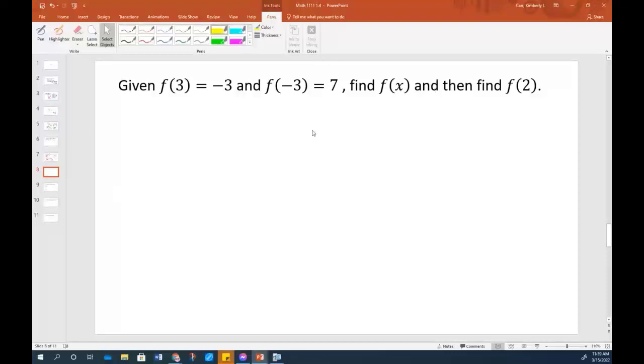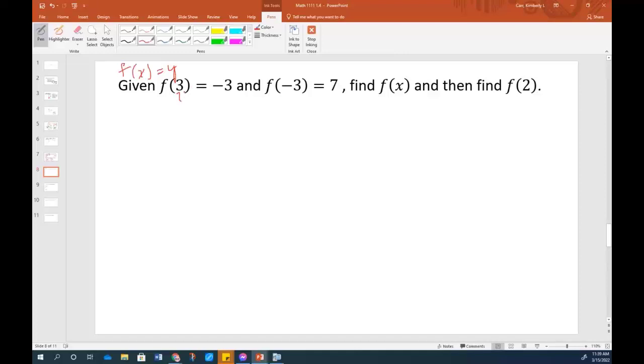All right, then we need to learn to plug in some values to find different things, because we have to find our function. So what happens when they give you an f value, like f of 3? Generally, then, what we need to keep in mind is that f of x equals y.